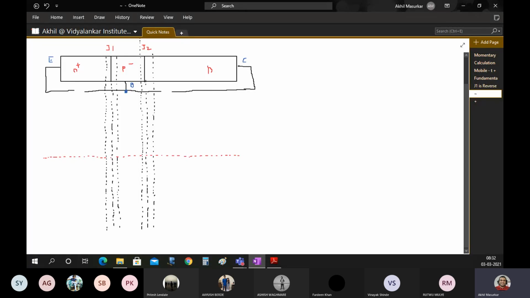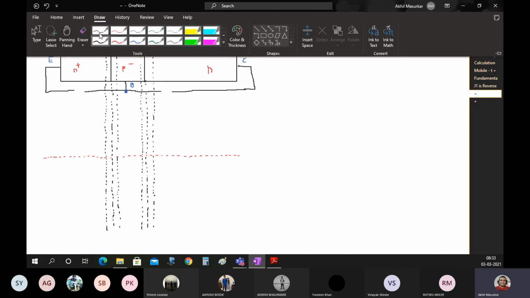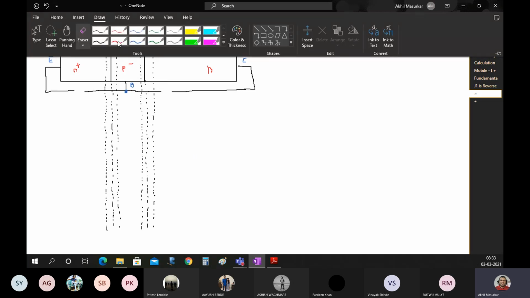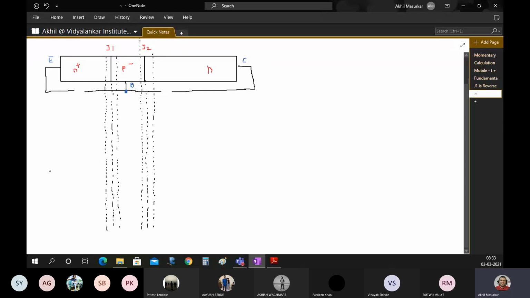Please note this energy band diagram very properly. Okay? And just for the sake of it, I'll just draw it here.